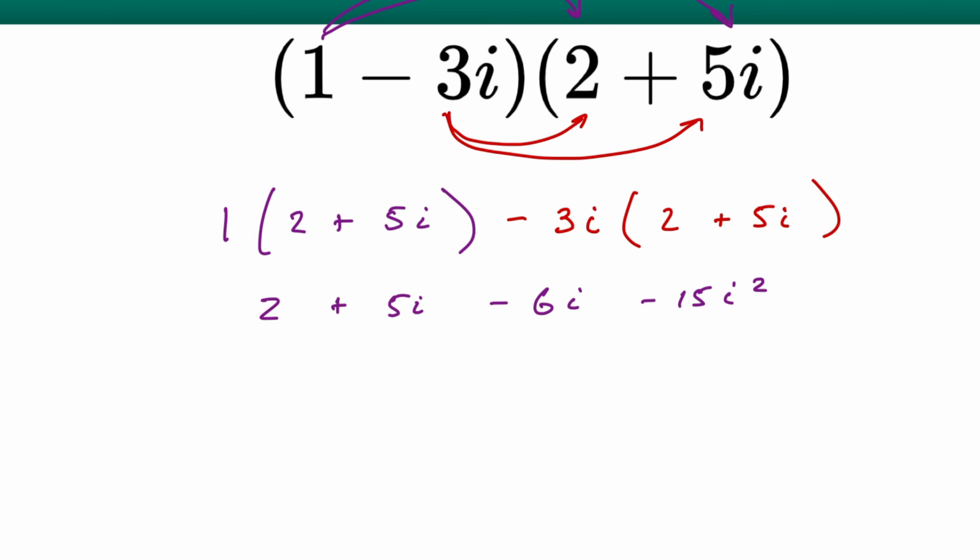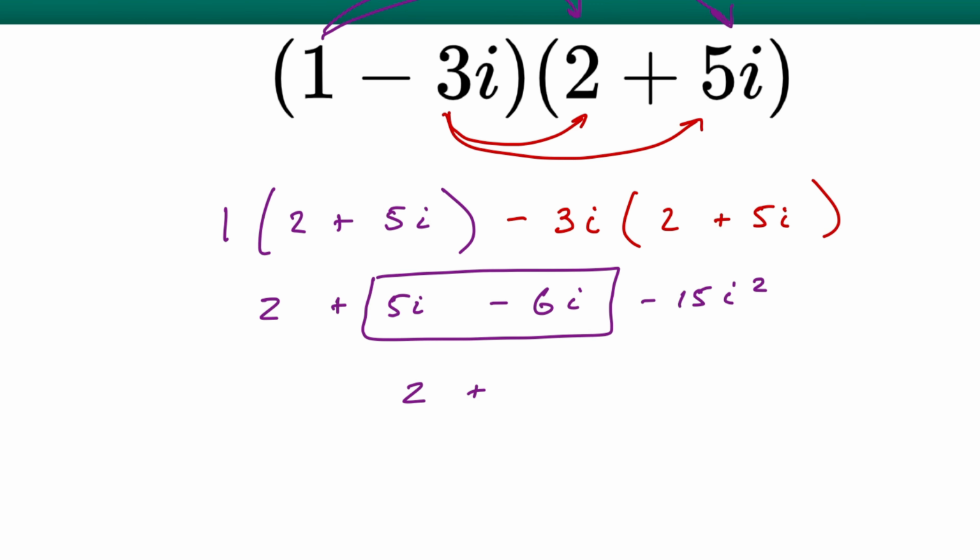Now this is where you can't just think of it as a variable anymore, because i squared can be reduced. The only one that we leave as is just i, because we don't want to write the square root of -1, okay? But for the rest of them, for i squared, i cubed, i to the power 4, we are going to make that change, okay? So let's simplify what we can. We have 5i minus 6i, which will give us -i.